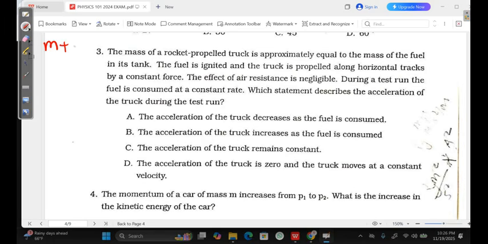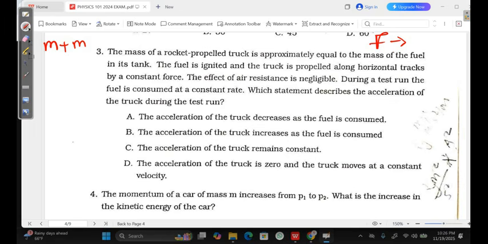The fuel is ignited and the truck is propelled along a horizontal track by a constant force. So the force doesn't change. The effect of air resistance is negligible during a test run. The fuel is consumed at a constant rate. Which statement describes the acceleration of the truck during the test run?